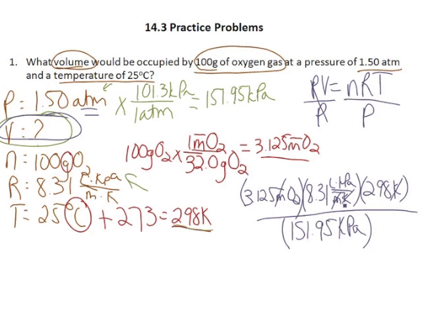So I stopped. But now, because I converted it, my kPa cancel. That's why it's important to still write out your units and cancel them out so that you can see what actually is happening. And so let's solve for this.